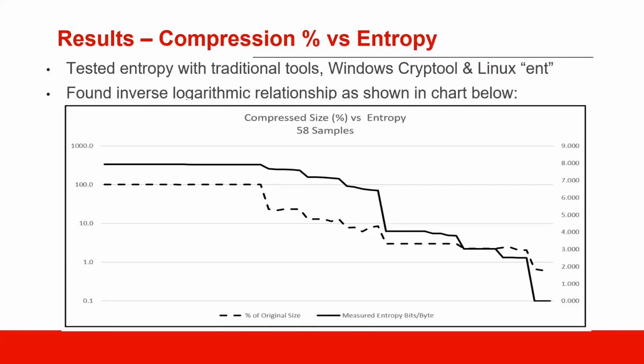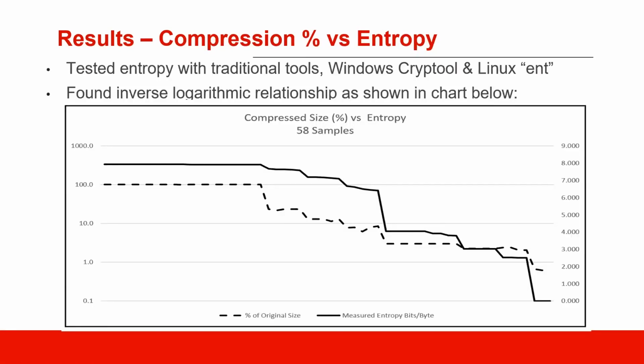The professional world uses numbers from zero to 8. And of course, we're using compression percentage. And what you find is this is how much it compresses related to the different values of entropy. We did some experiments where we would put random numbers in and repeat them over and over again, so there was some compressibility.